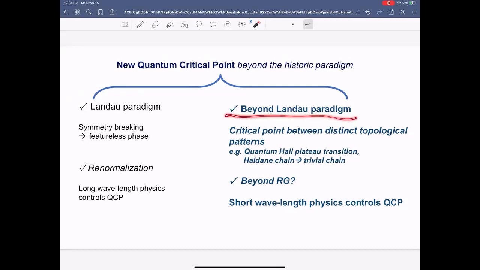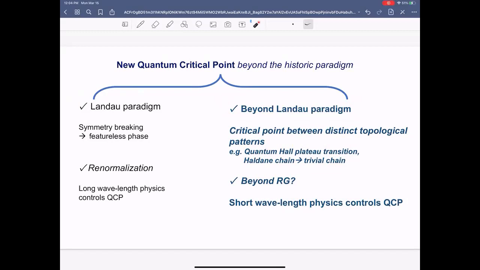However, during the past few decades, because of the development which engendered a zoology of new quantum phases, the topological phases or symmetry protected topological phases, people found that in principle, 2 phases with the same symmetry patterns can also be connected by a quantum critical point or continuous phase transitions.